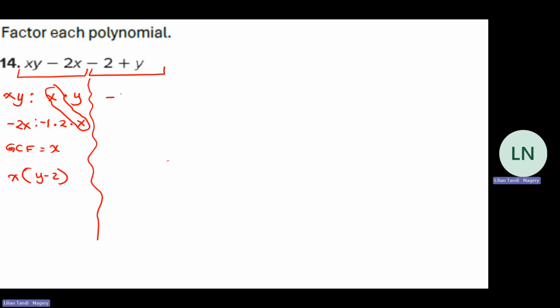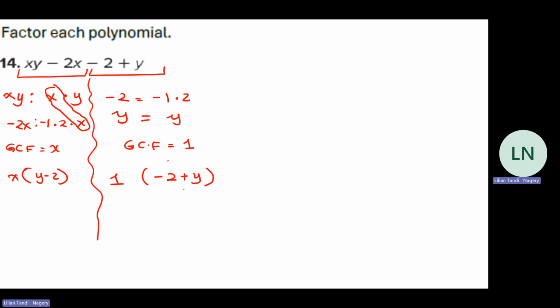Okay, so here we have negative 2 and positive y. This becomes negative 1 times 2. And here I will have just y. So there's no greatest common factor. So greatest common factor is 1. So you're going to write 1. Then you're going to write negative 2 plus y, which is the same as this.